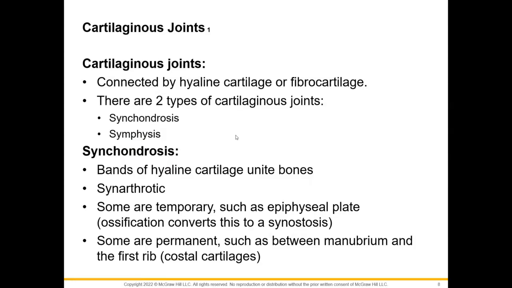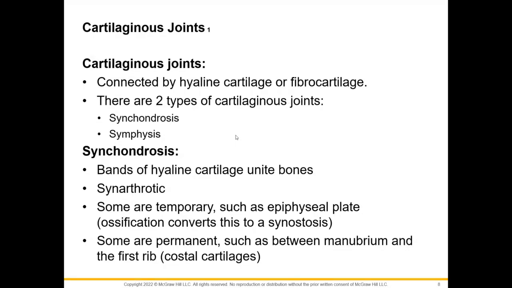Now let's talk about cartilaginous joints. Cartilaginous joints are connected by hyaline cartilage or fibrocartilage. There's two types of cartilaginous joints, a synchondrosis or a symphysis. So let's look at those. The synchondrosis is a band of hyaline cartilage that unites bones. And as you might imagine, it's synarthrotic, which means it's immovable.